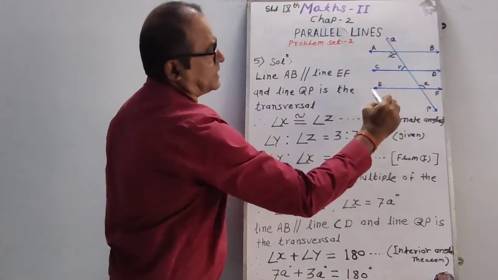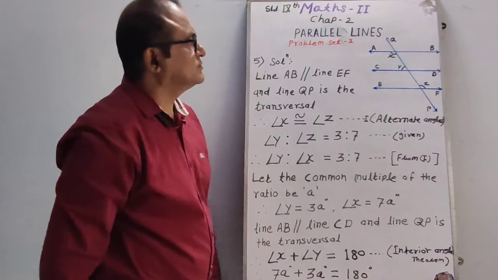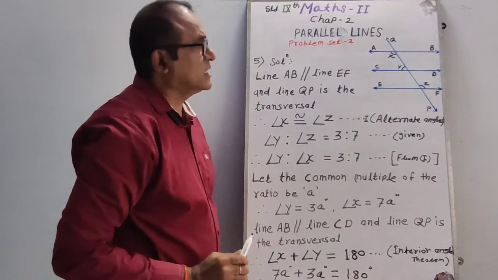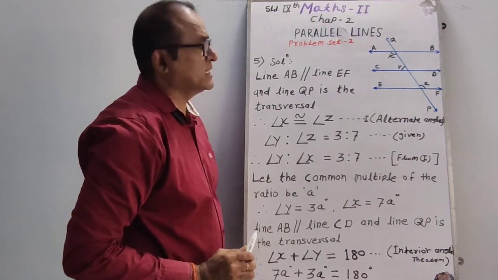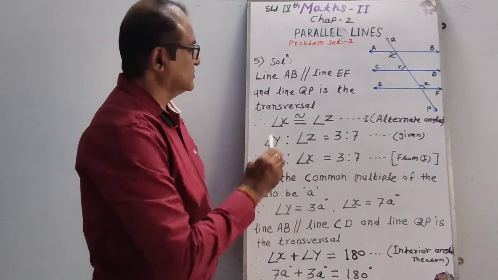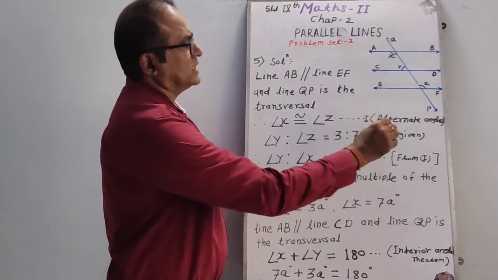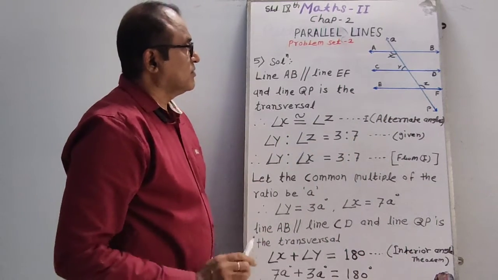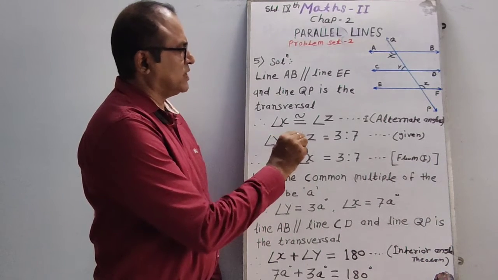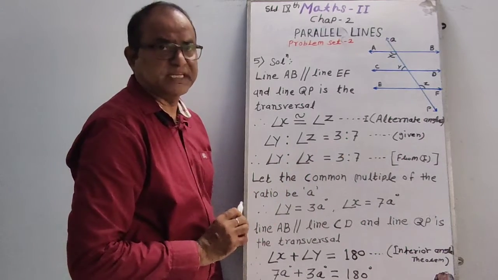Line AB is parallel to line EF and QP is the transversal. Therefore, angle X and angle Z are alternate angles, and alternate angles are congruent. Therefore, angle X is congruent to angle Z, from 1. But the ratio of angle Y to angle Z is 3 ratio 7, as given in the example.